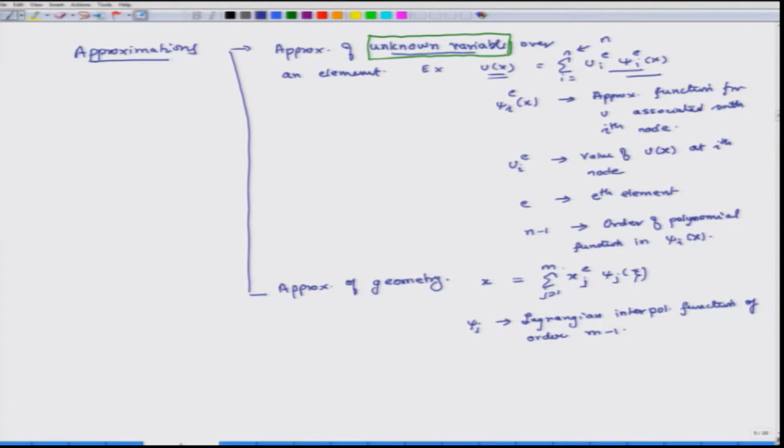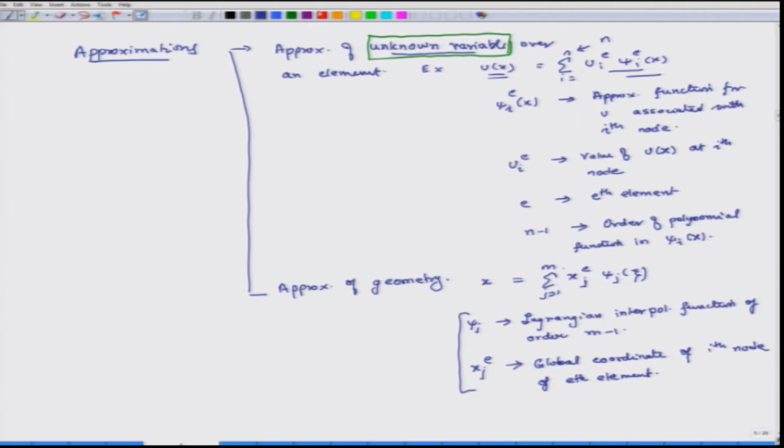So, if I am summing up m parts, then the order of the function would be m minus 1, and x_j is the global coordinate of jth node of eth element. So, it is not in the natural coordinate, it is the global coordinate of the node of the eth element.